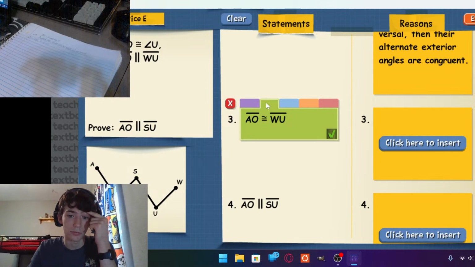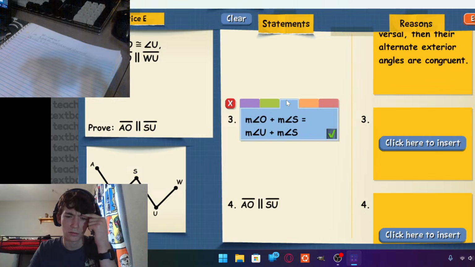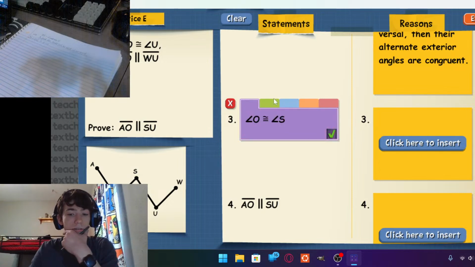AO. Okay, well that's not. So if those are congruent. Oh gosh, what the frick is that? That's not true.